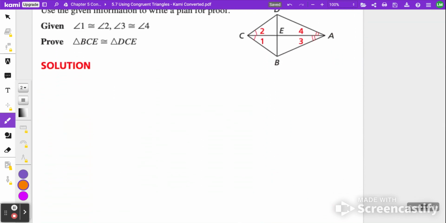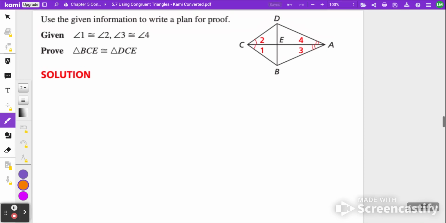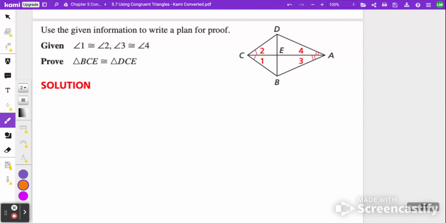Next up, we have our final proof, and what we're going to try to do is prove that triangle BCE is congruent to DCE, and we know that angle 1 is equal to angle 2 and angle 3 is equal to angle 4.